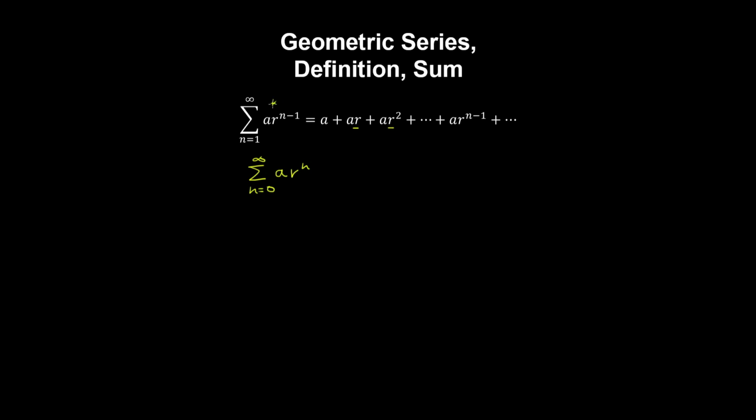Now using this form, we can write the nth partial sum as follows. And if we multiply both sides by r, we obtain the following expression.